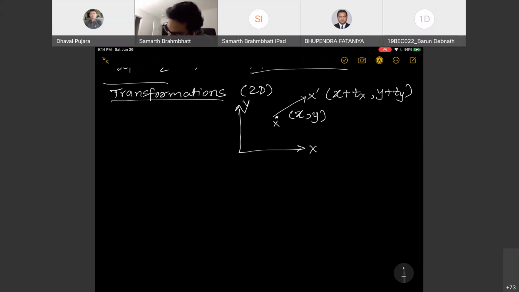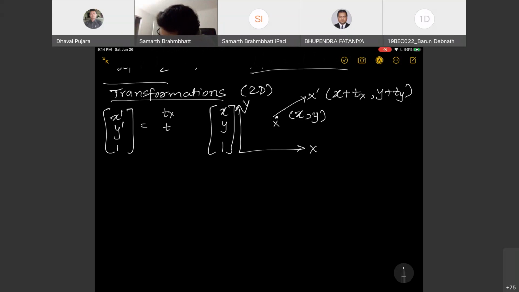So in homogeneous coordinates you have x dash, y dash, 1 equals x, y, 1 plus dx, dy.